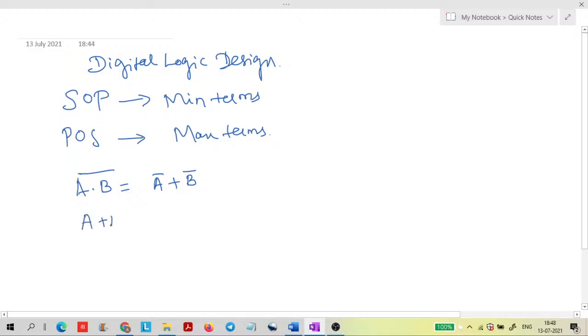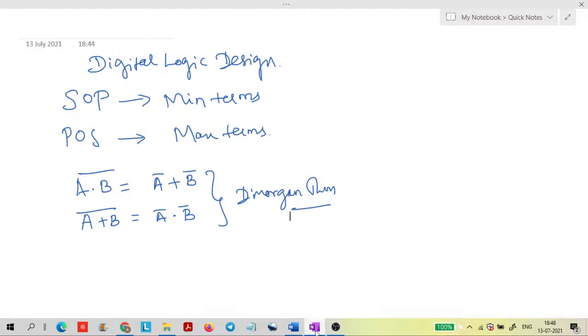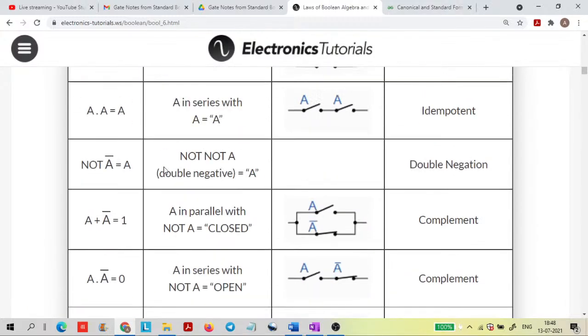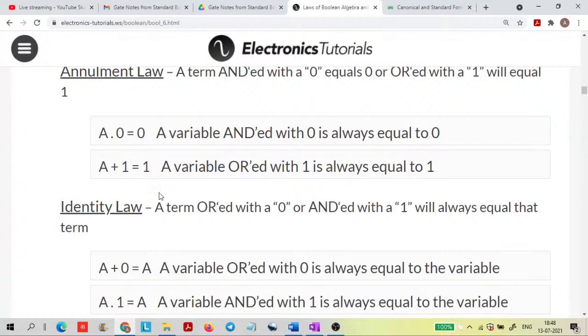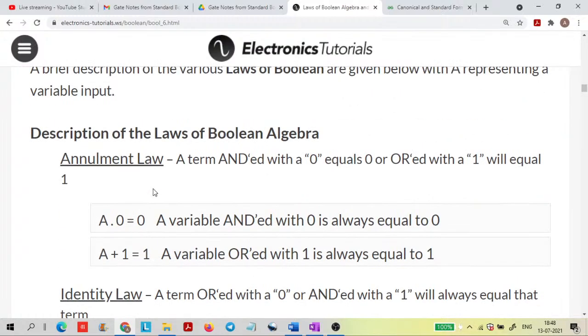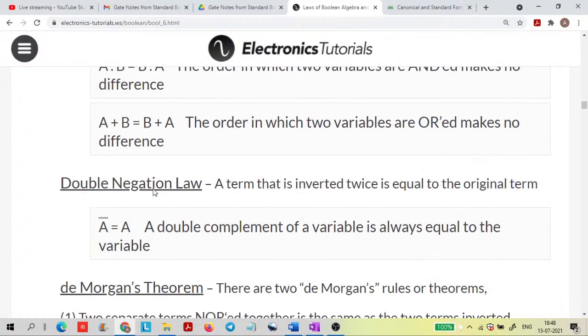So these are both De Morgan's theorem. These are the different laws that you need to use while evaluating Boolean expressions.